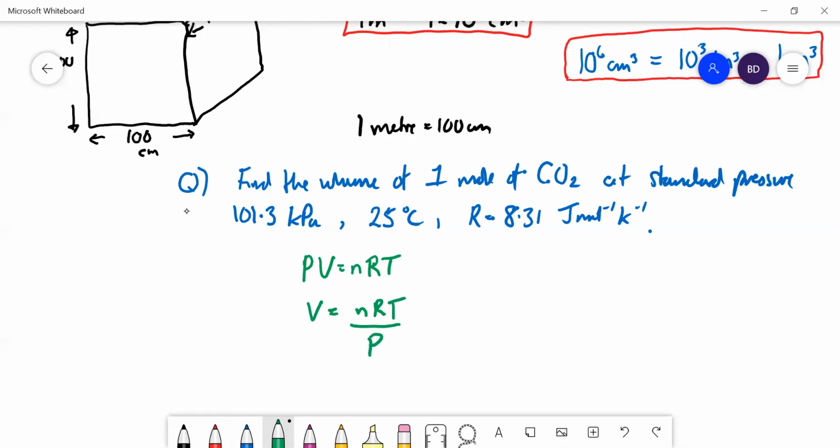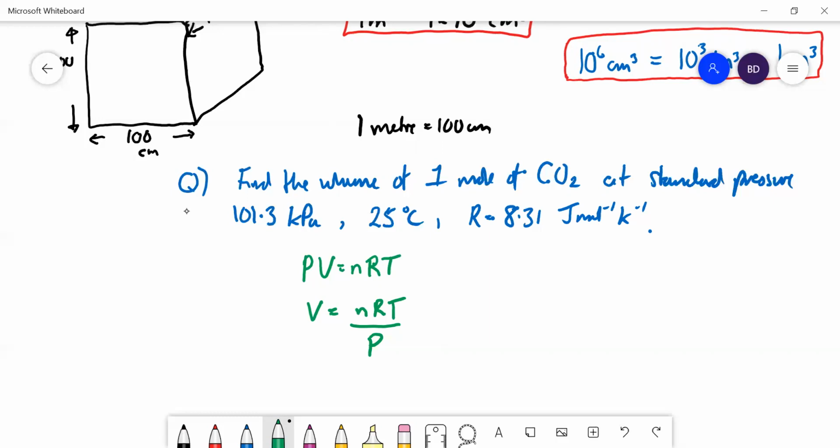I need to get my calculator ready. I've now got my calculator.